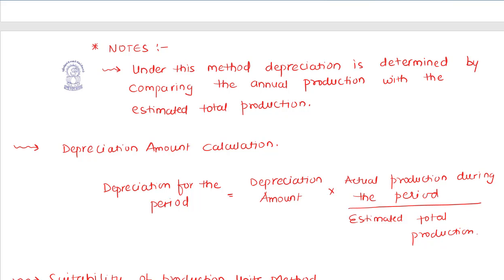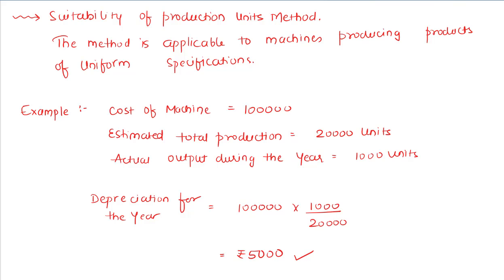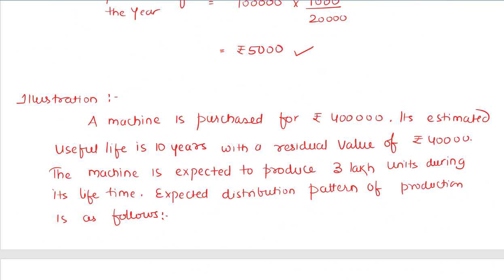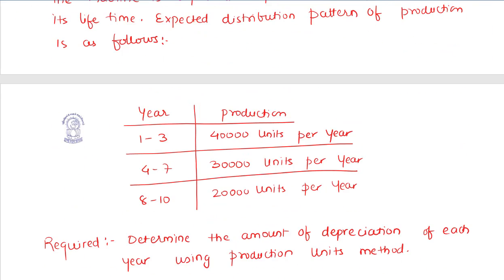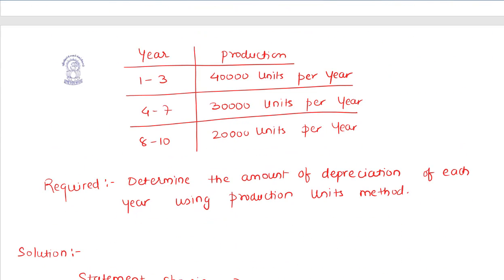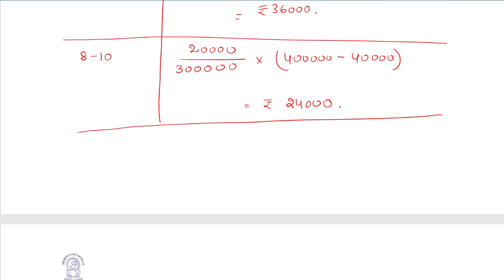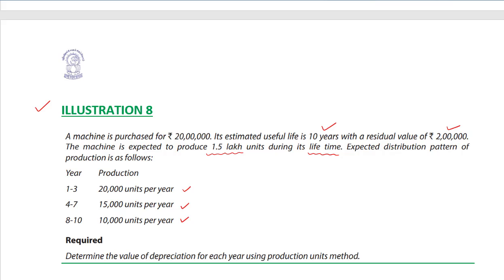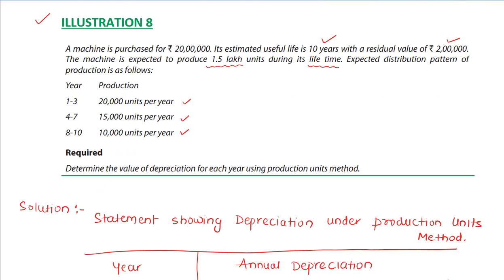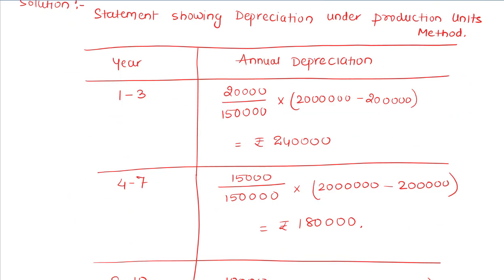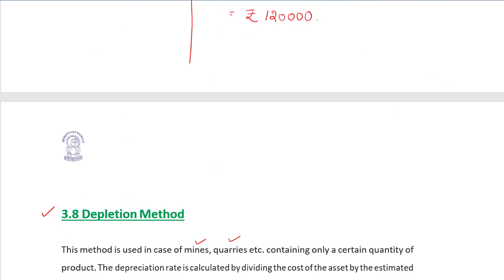We took some important notes in relation to the production units method, where this method is suitable, its merits and demerits. Then we did illustration 8 on the basis of the production units method.